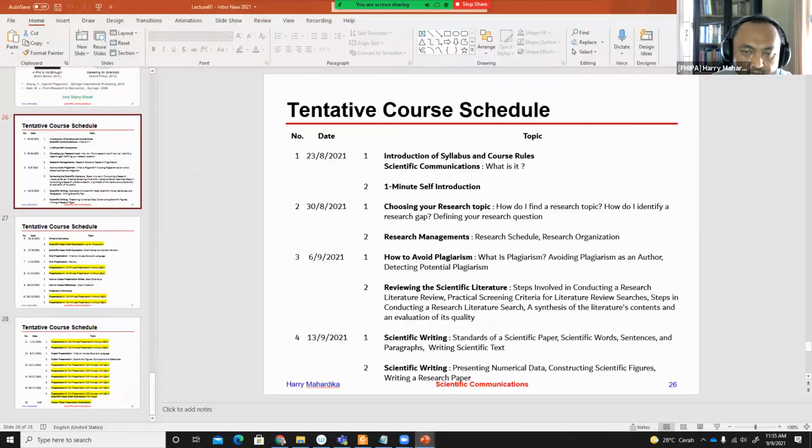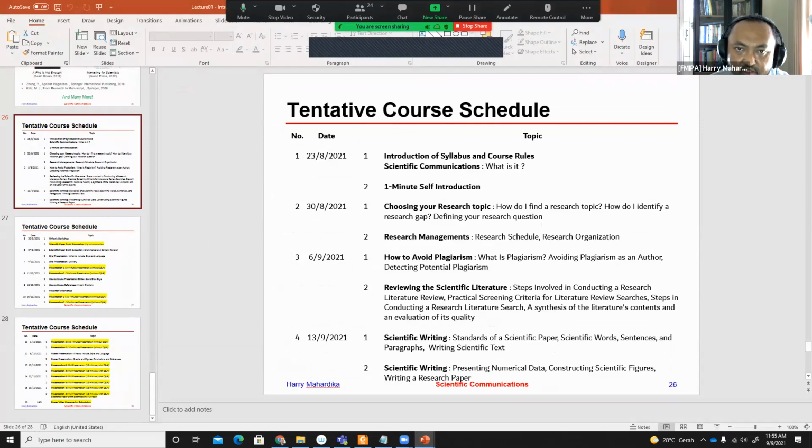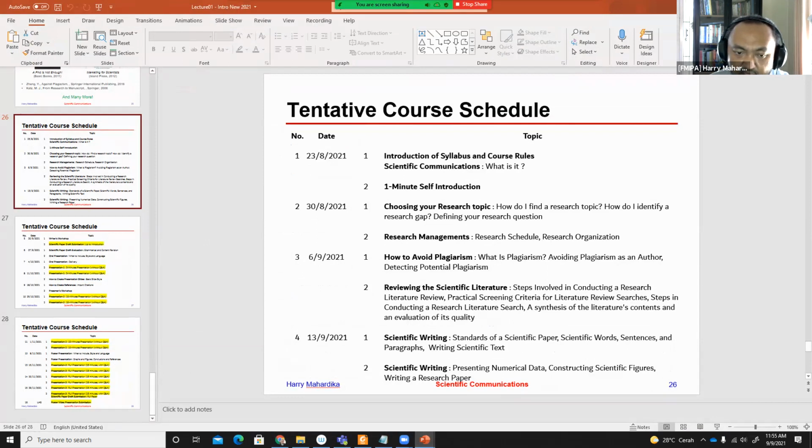Based on the schedule that we have from the first meeting, next week we're going to move on to the scientific writing procedures: how can we write the introduction, how can we write the basic theory, or how can we write certain sentences, and so on.